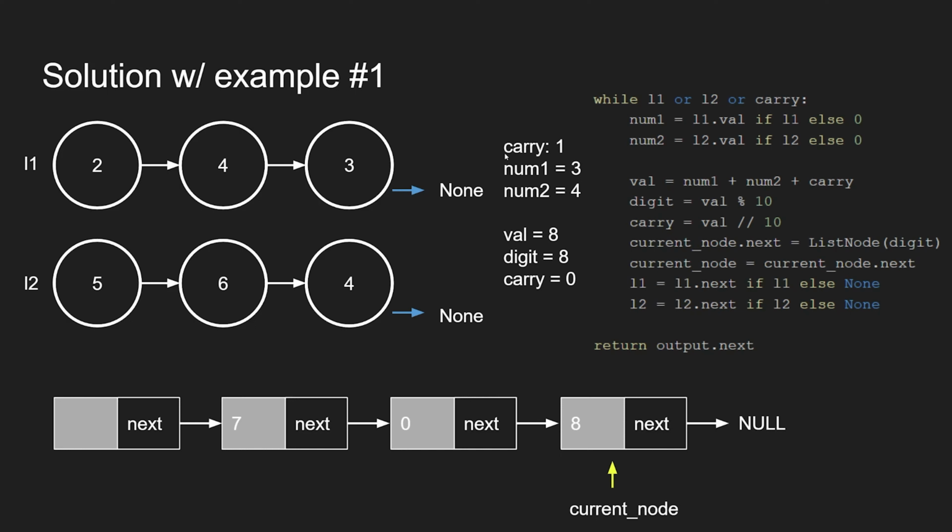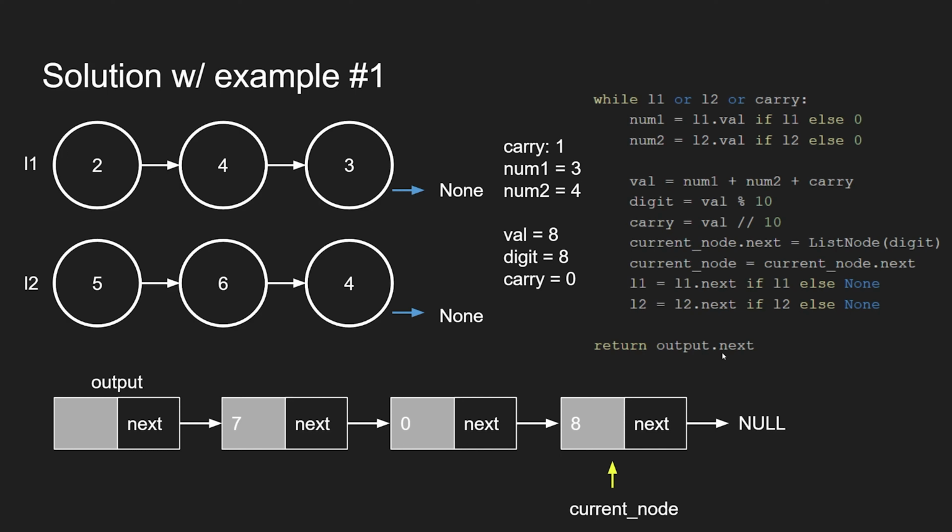And then you check the while condition for the last time. So while L1, this is None, or L2, which is None, or carry, which is 0. So the while doesn't run, and it returns output.next.